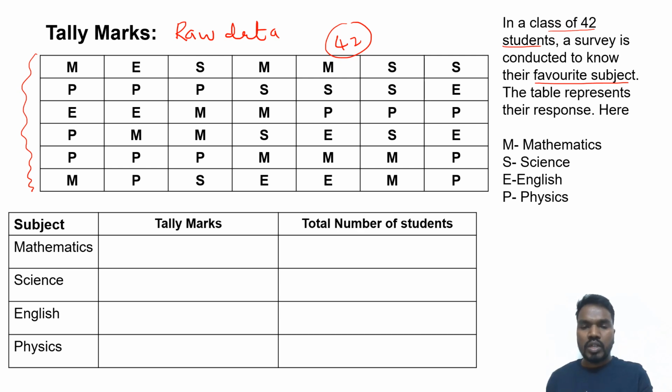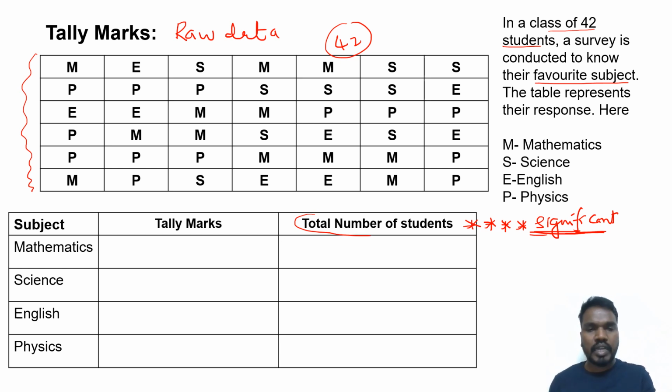Just remember this number, total number of students. This is a significant number, with one specialty, for each category: mathematics, science, English and physics.